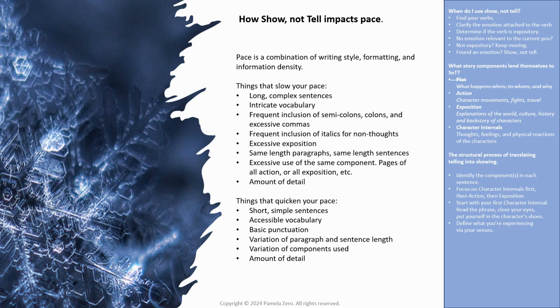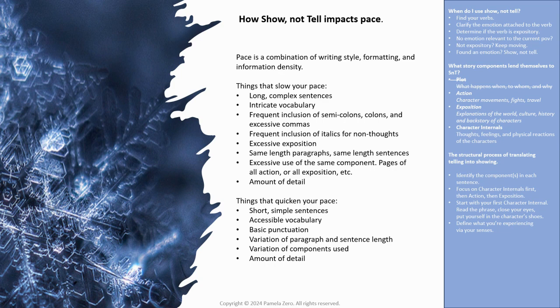It's almost as if there's something to prove as they're writing. Frequent inclusion of semicolons, colons, and excessive commas. This is what I call micromanaging your reader. Every time you put in punctuation that's not designed to work with your reader, you're micromanaging them.